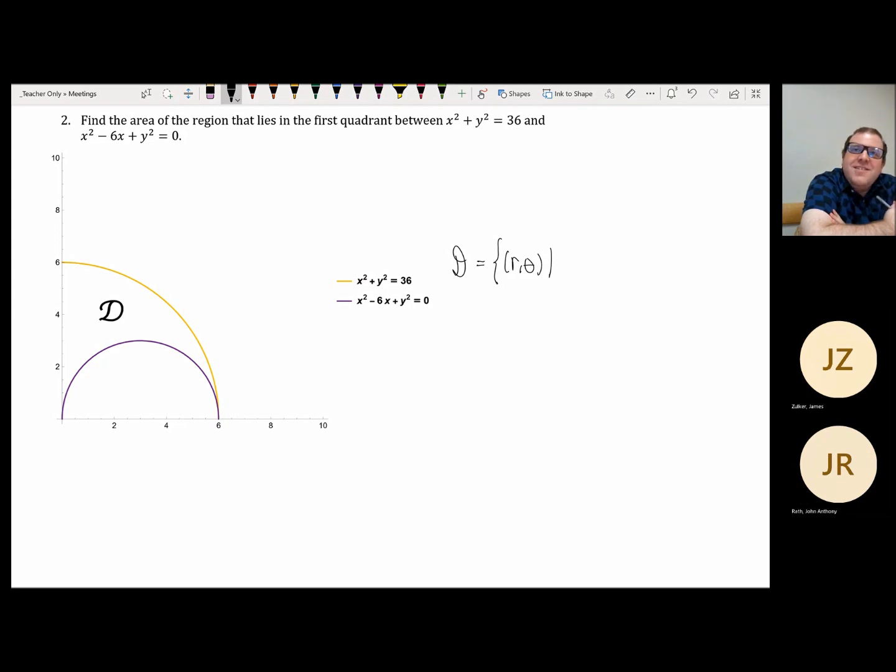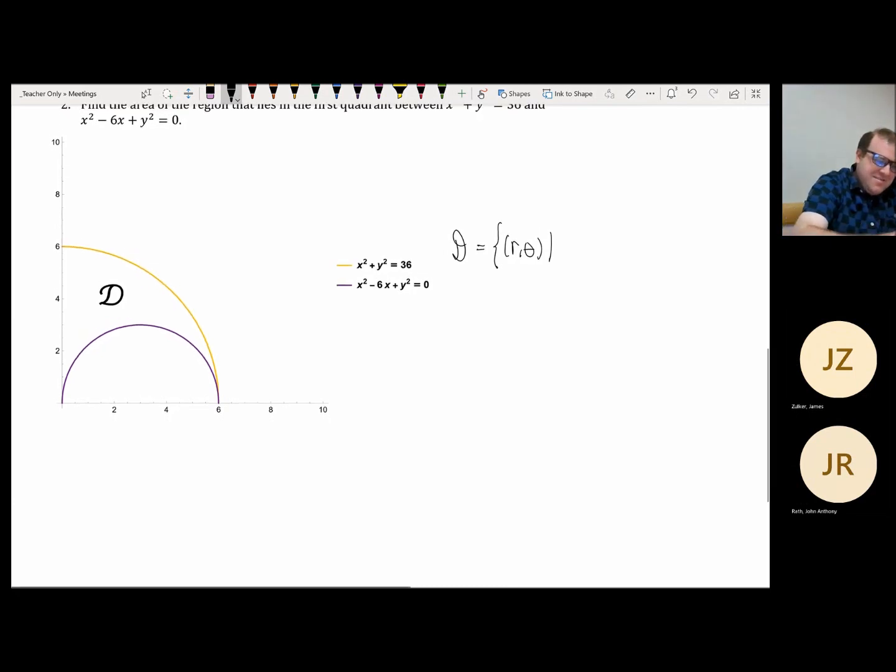So what's r? Negative 6 cosine. Right, but you're solving for r, right? So it should be positive 6 cosine theta.